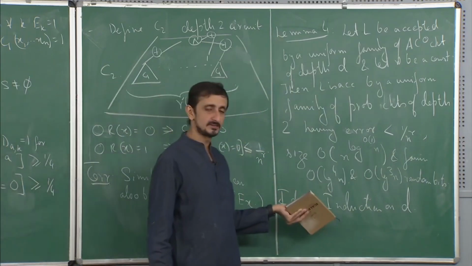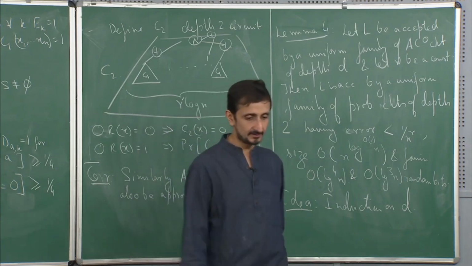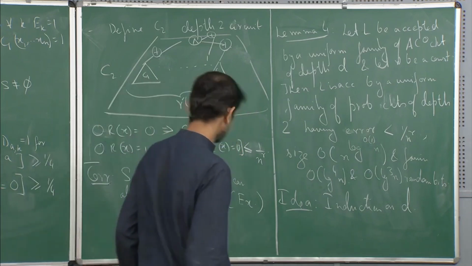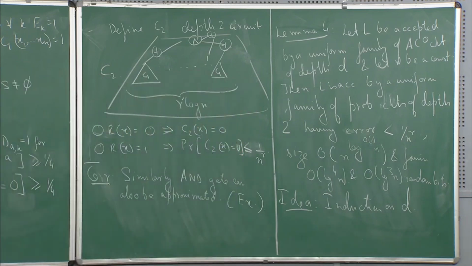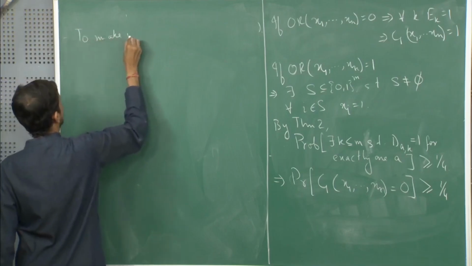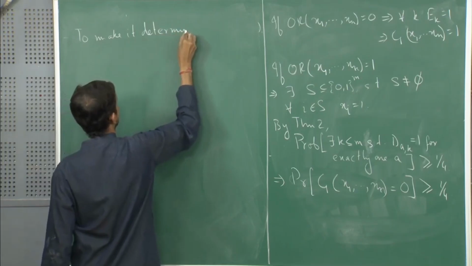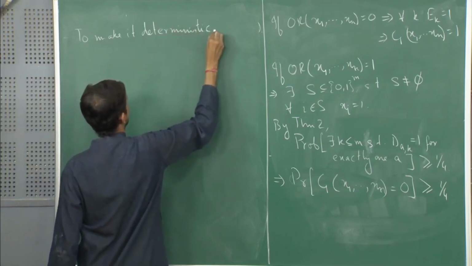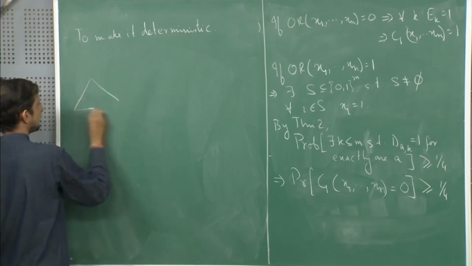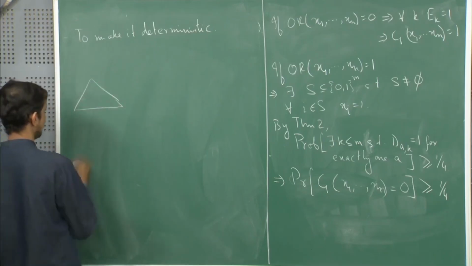Now how to make this deterministic? To make this deterministic, what we have now is the following. We have all these circuits corresponding to the various choices of random string.